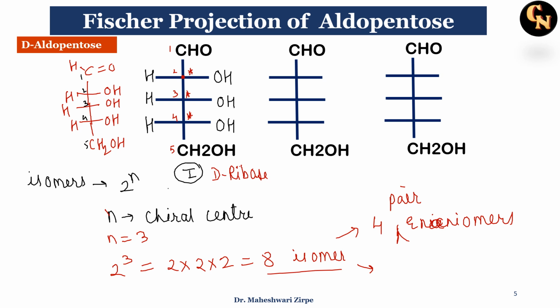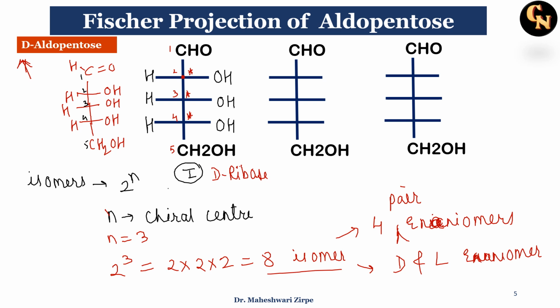Pair means if one is D, the other enantiomer will be L. So 4 pairs indicates D and L enantiomers. That's the reason why we are not going to show all 8 structures, but only the D configuration of aldopentose. Because for D configuration, how many isomers do we have to show? I have to show 4.